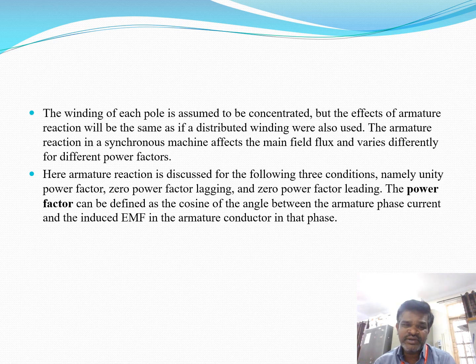One condition I am assuming is unity power factor, the other one is zero power factor lagging, and the other one is zero power factor leading. We know the power factor is the cosine of the angle between voltage and current. That voltage and current are always phase voltage and phase current only.